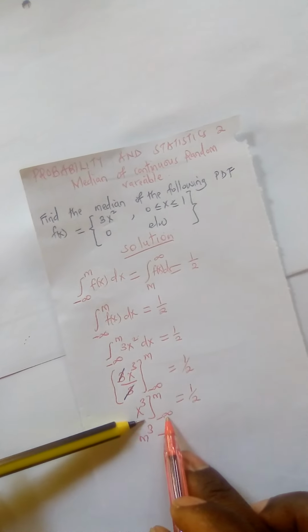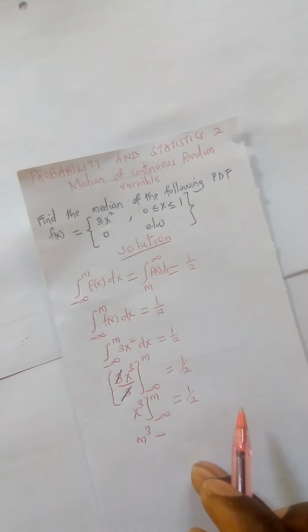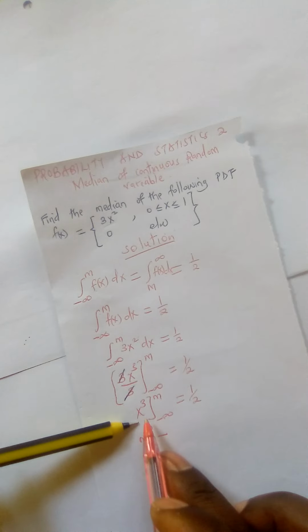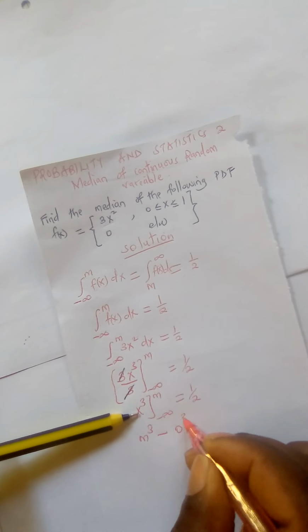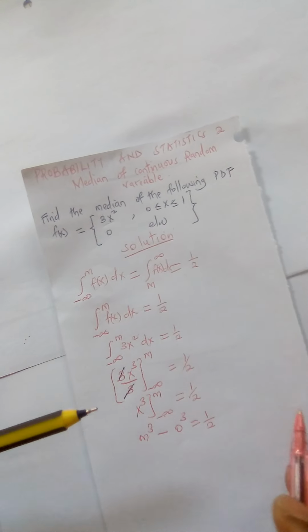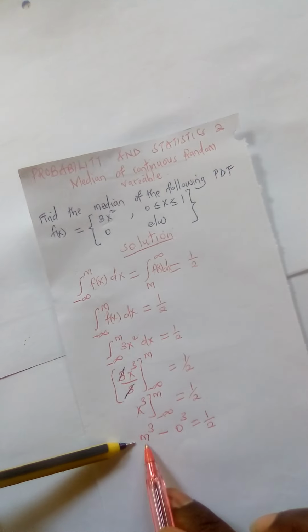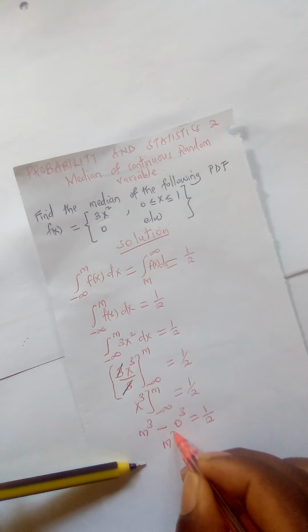So I'll just substitute x with 0, and it will be 0 cubed, and the total must equal a half. Now friends, when you look at here, you realize that 0 cubed is just 0, and therefore you just remain with m cubed. When you do such, you will just say m cubed equals a half.